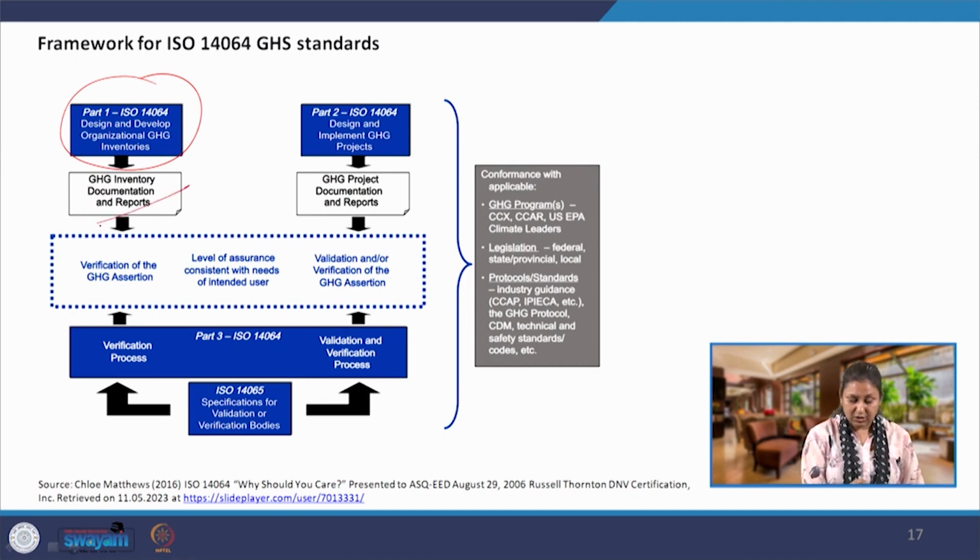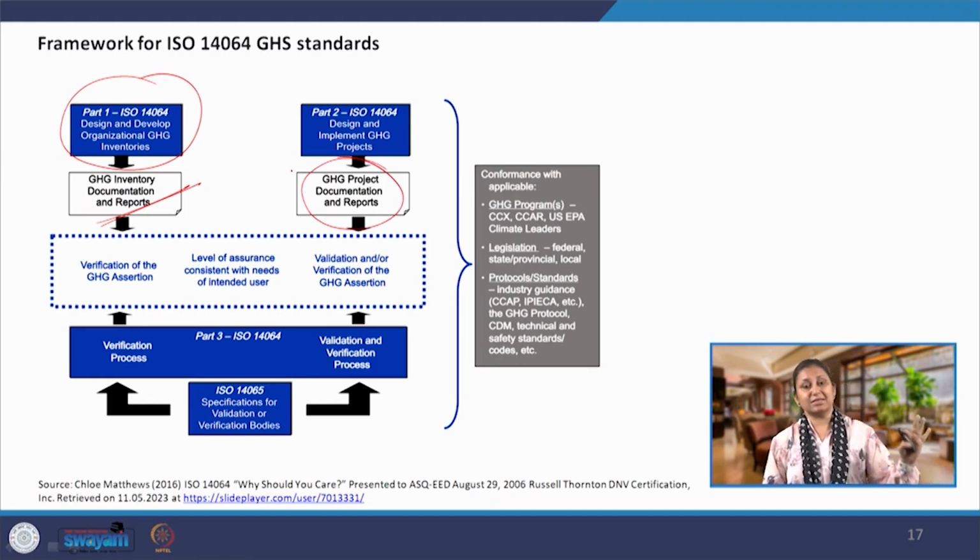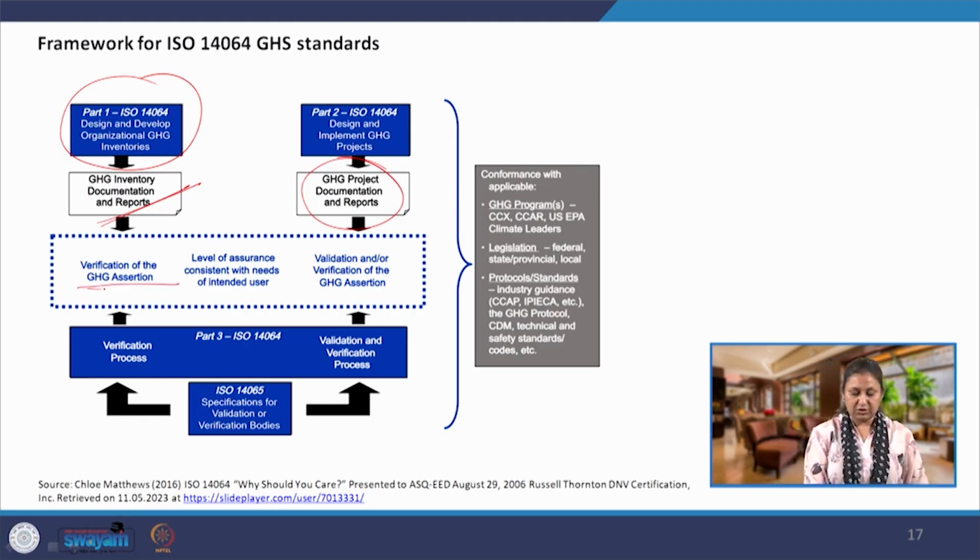So, we are largely talking about inventory documentation and reports as part 1 of ISO 14064, and in part 2 we are talking about the project reports. So, first part has inventories and the second part has project documentation reports, and together they will be giving us a verification of the GHG assertion.